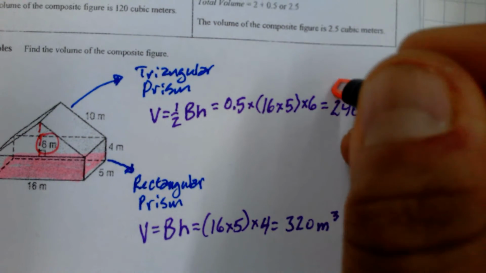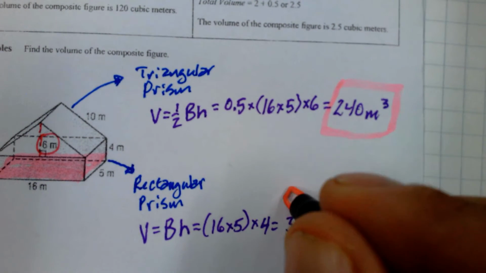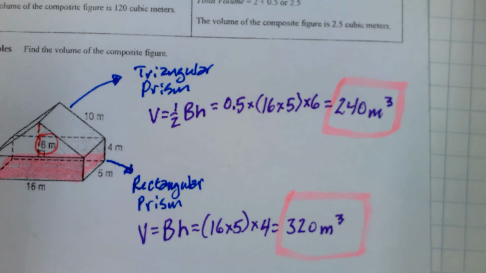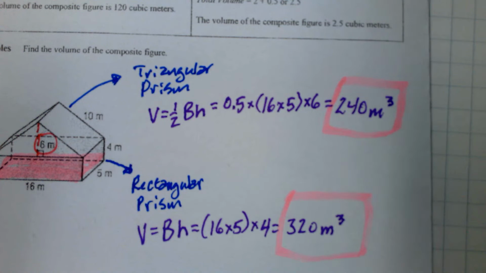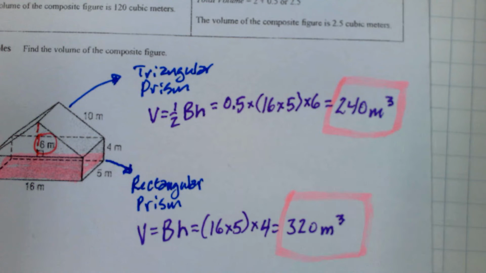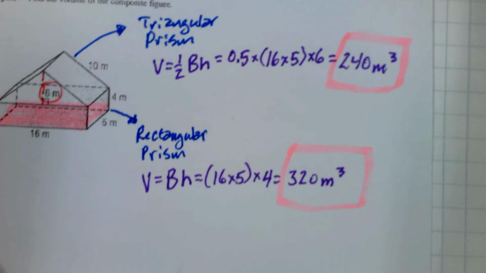So here are the two volumes, 240 and 320. Now to get the total volume, everything all put together, we have to add these up. Okay. So let's get the total volume. I'm going to write that down here.